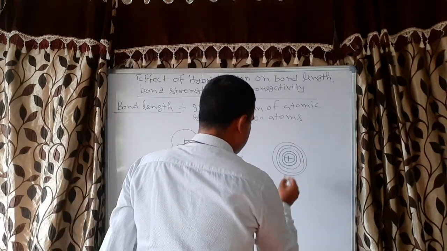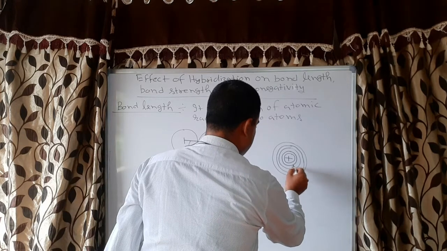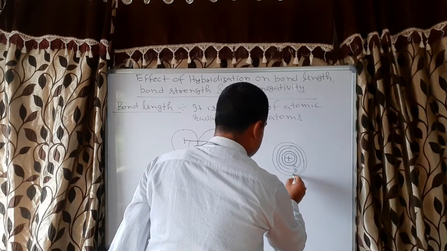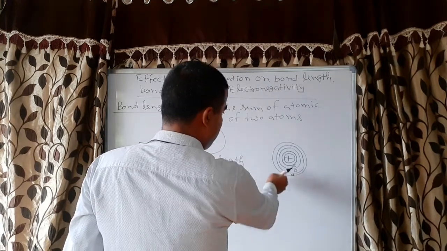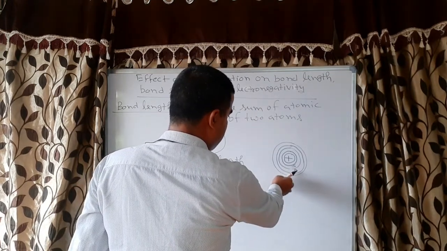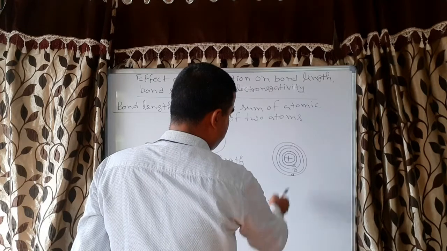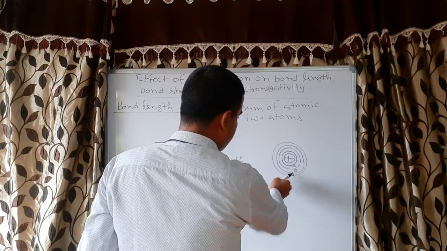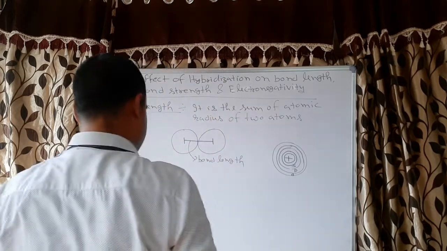So you can see that if this is the s, this is the p, this is the d, s is smaller than p, p is smaller than d, and d will be smaller than f, correct?